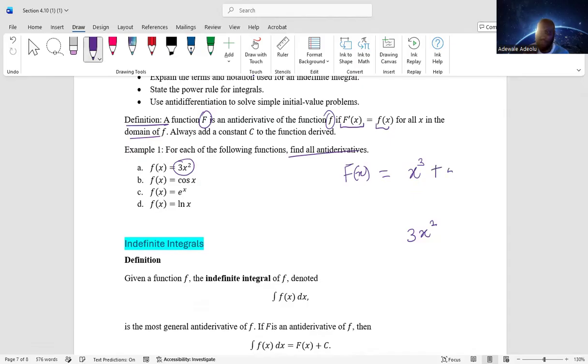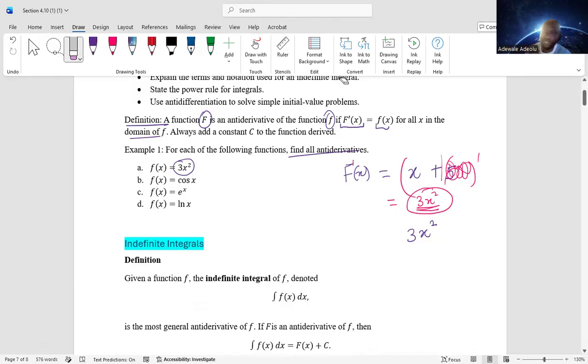For example, if I add 5 to this and take the derivative of this function, that is 3x squared plus 0. So it is still 3x squared. Even if this is 6, even if this is 60 or 600 or 1000, it doesn't matter since the derivative of a constant is 0. So we are still going to have 3x squared every time.